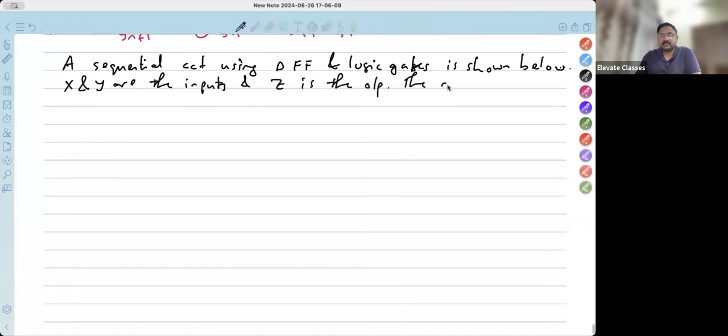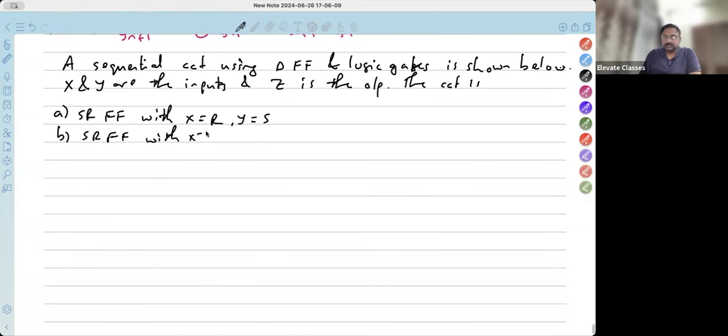The circuit behaves as, options: an SR flip-flop with X equal to R and Y equal to S, or an SR flip-flop with X equal to S and Y equal to R?